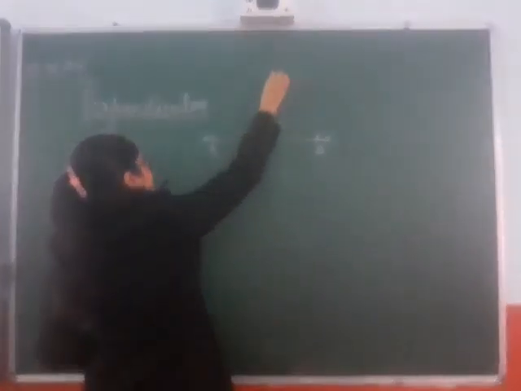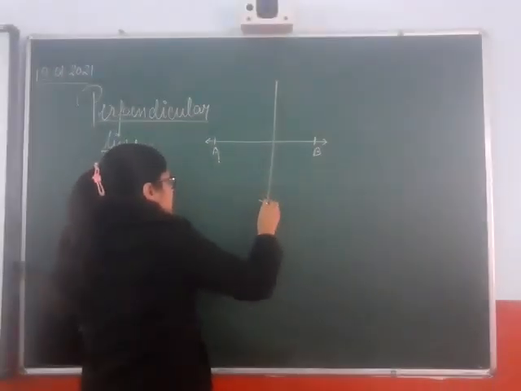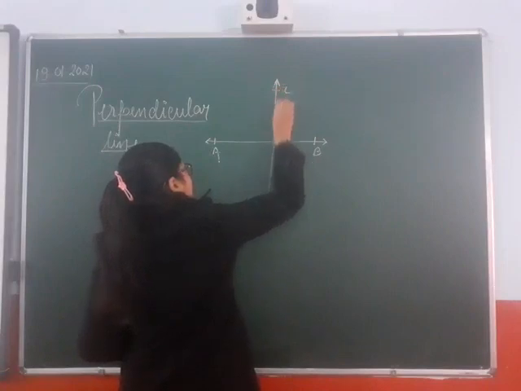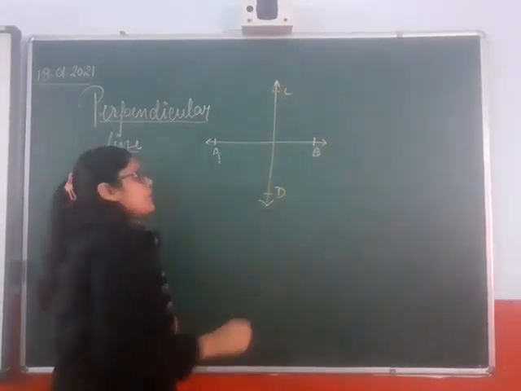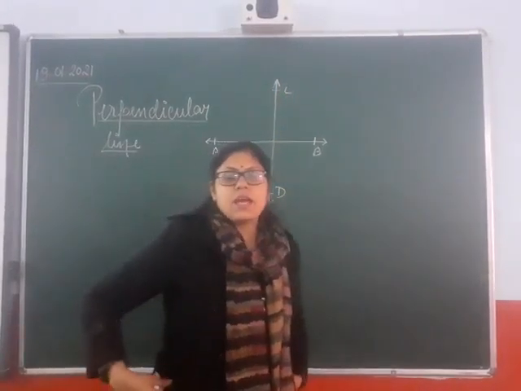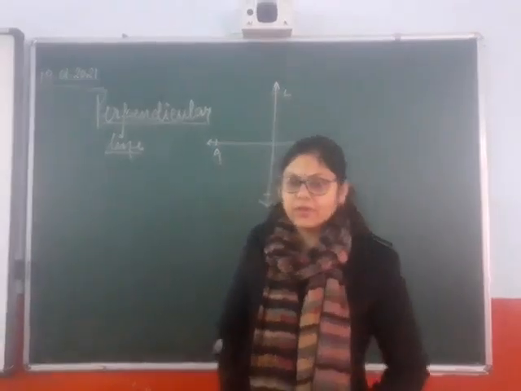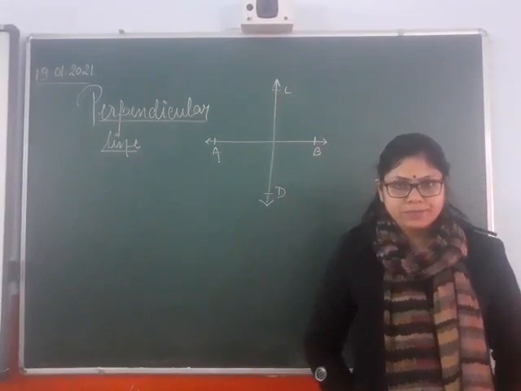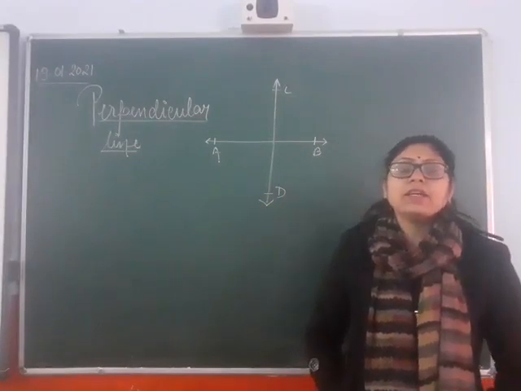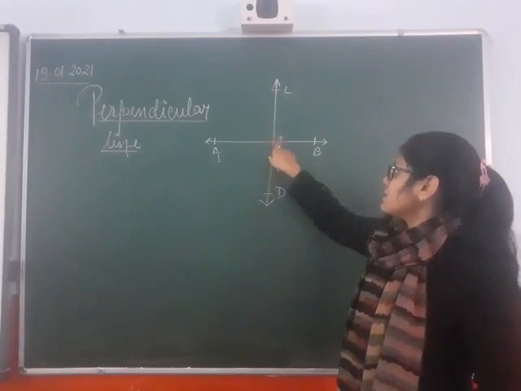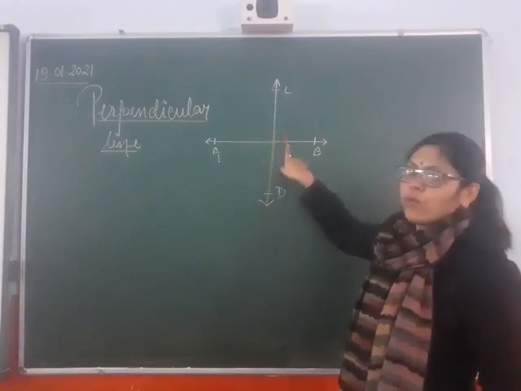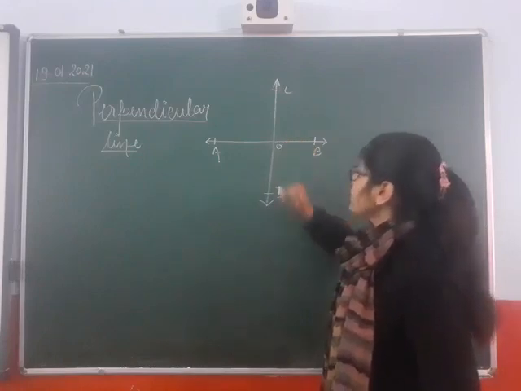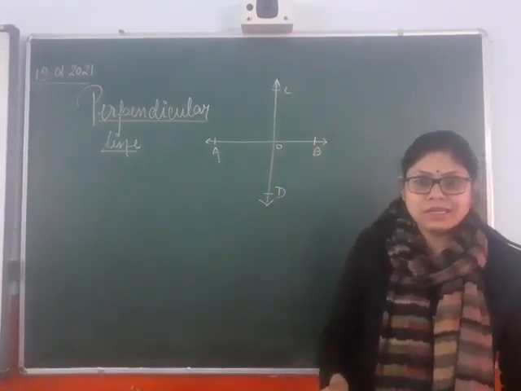Okay, this is the one line AB, and this is one line CD. When two lines stand on one another, you can see AB and CD both are standing on one another. Okay, and it makes equal angles. So the straight line, that means it will make a 180-degree angle at this point O, where these lines are intersecting.